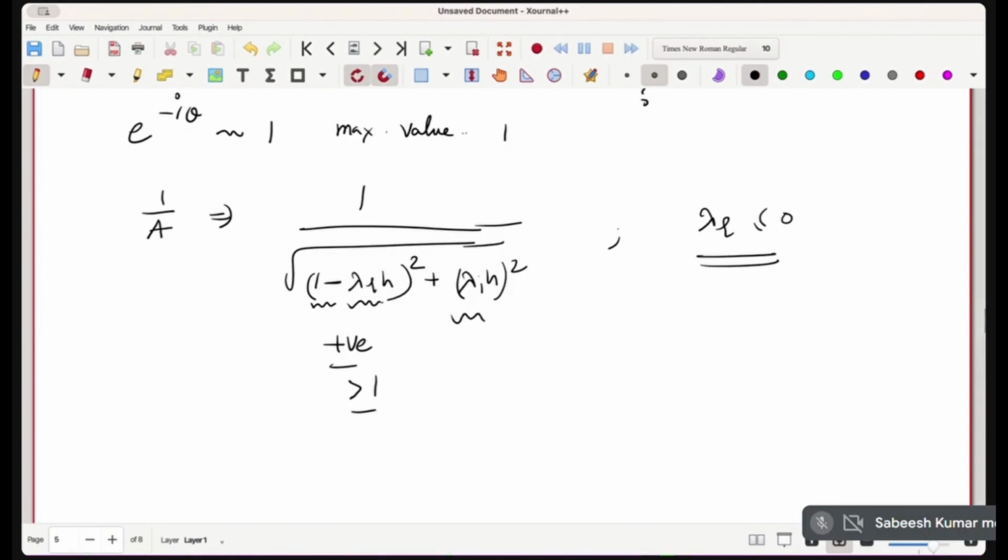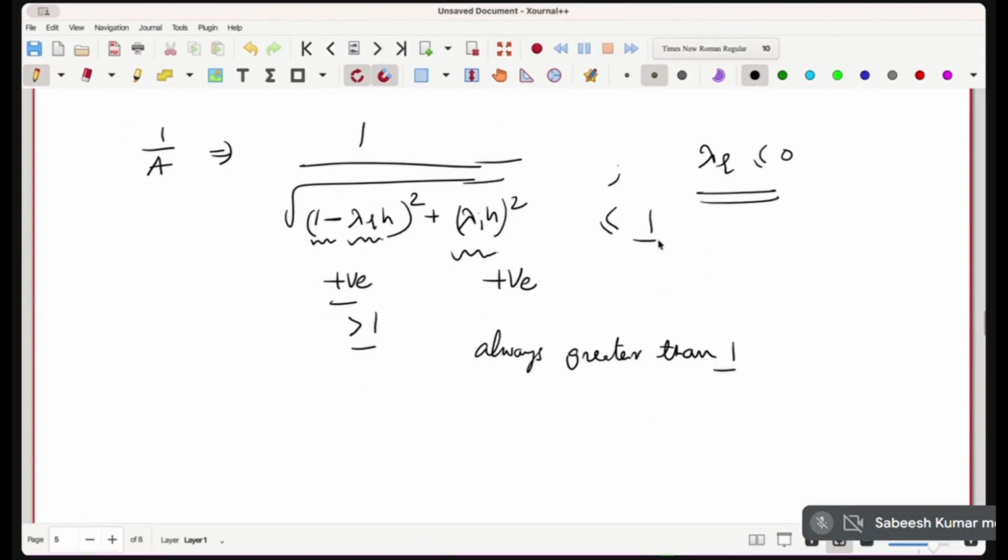And then there is some quantity here which is again positive because you're taking a square of that. That means this quantity in the denominator is always positive and greater than 1. When you have 1 divided by something that is positive and greater than 1, this is always going to be less than or equal to 1. In fact, always going to be less than 1.